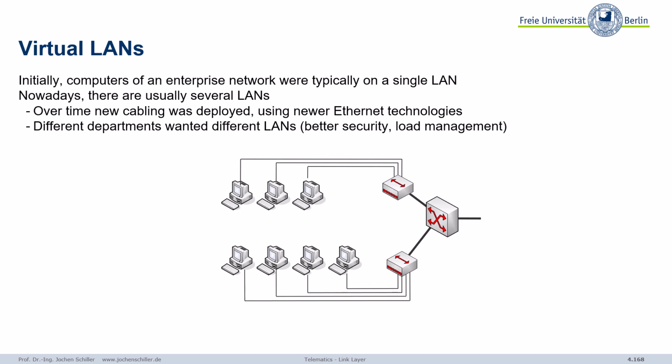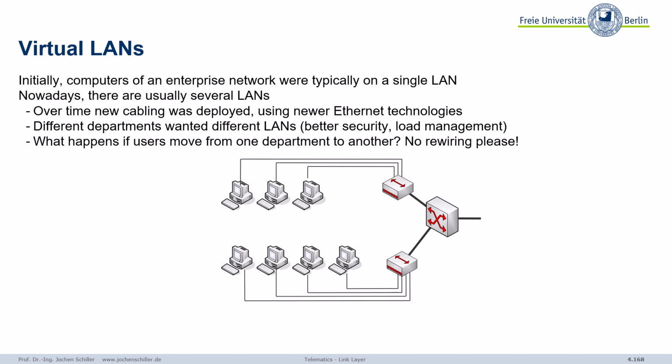It's maybe for security reasons, for load balancing. Remember broadcast storms and all this stuff. Maybe we want to say certain types of devices should go into one local area network, like the printers, because they do all this broadcast storming. I don't like this, so keep the broadcast out of other local area networks.